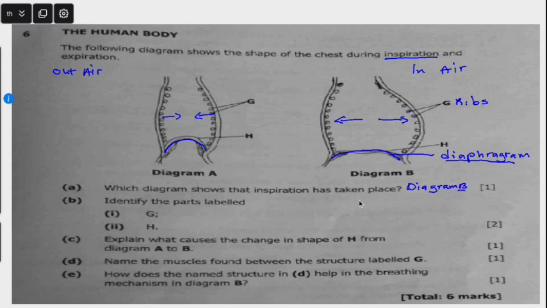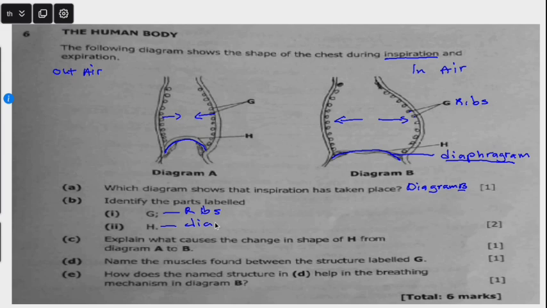Then for question B, it is saying identify the parts of the body. We have G and H. Like I said, G is just representing the ribs. Then for H, I've written it here, which is the diaphragm.